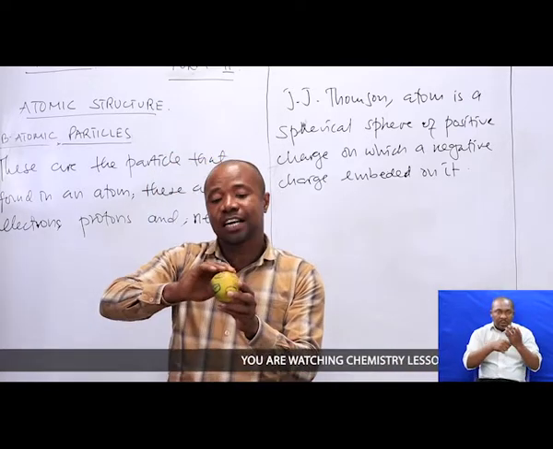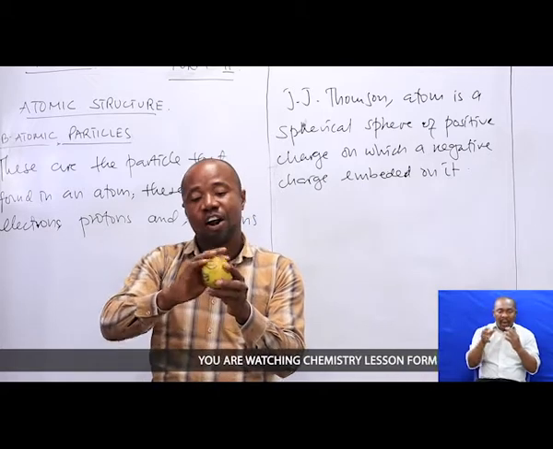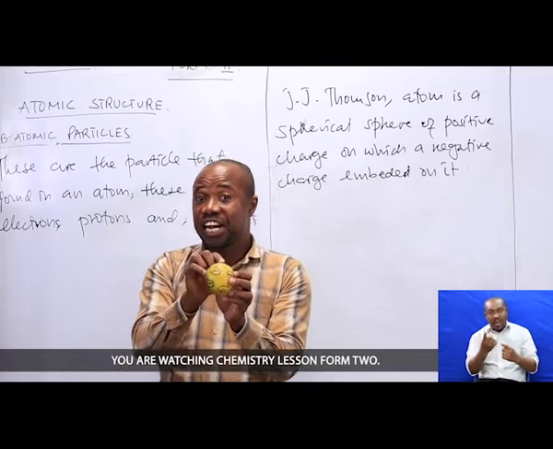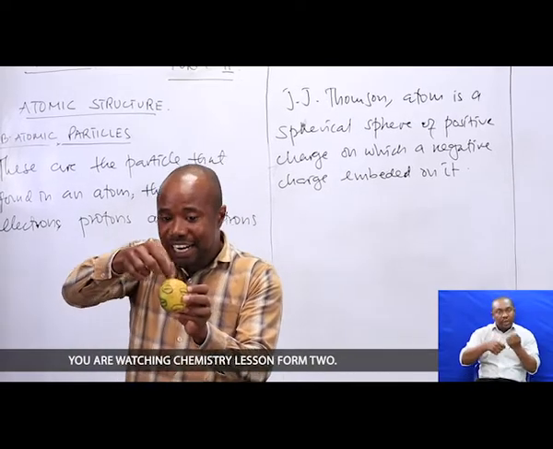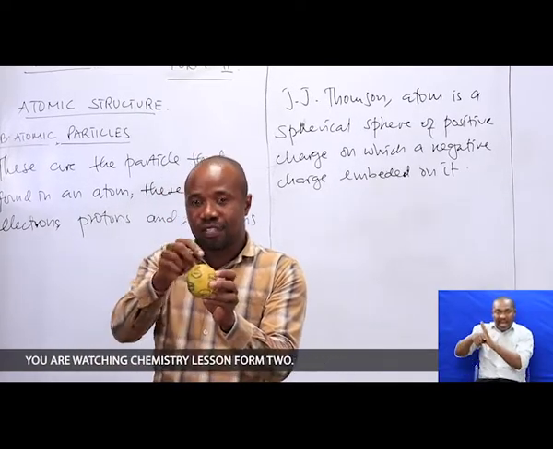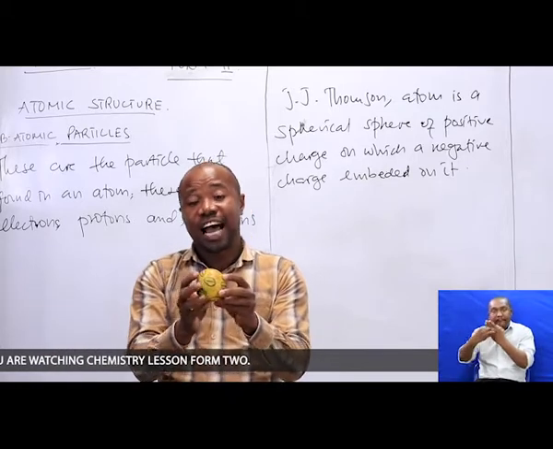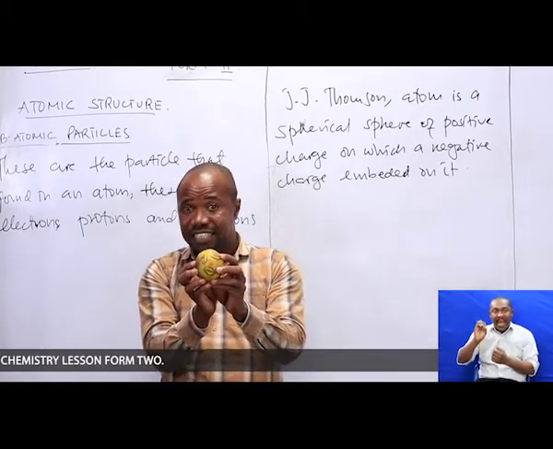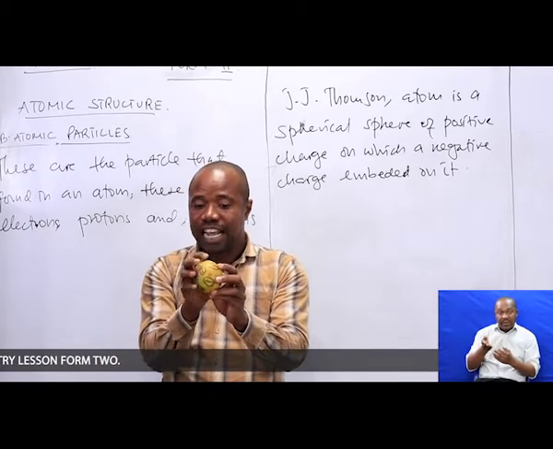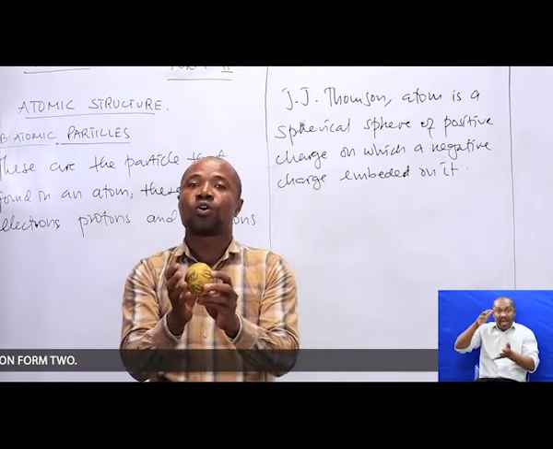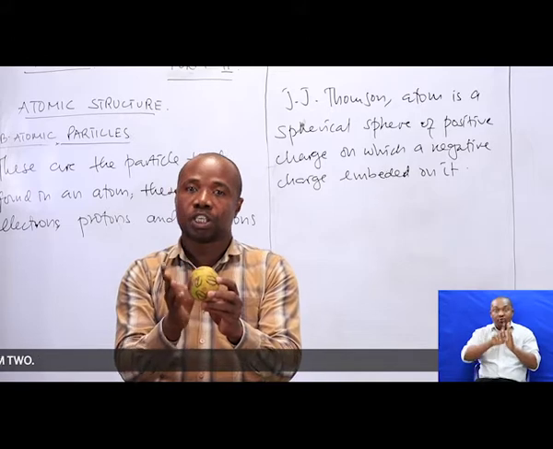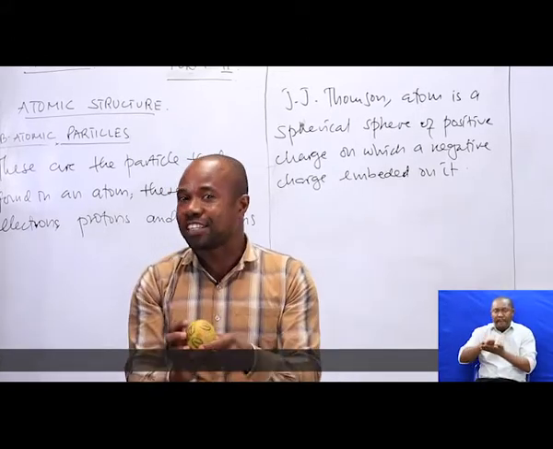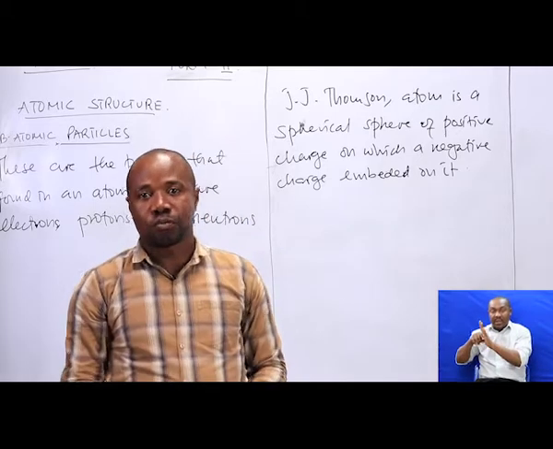So the whole sphere was a positive charge, and the negative charge was embedded on these areas. The large volume of this atom was a positive charge, and the few negative charge was embedded on it. That was J.J. Thomson.